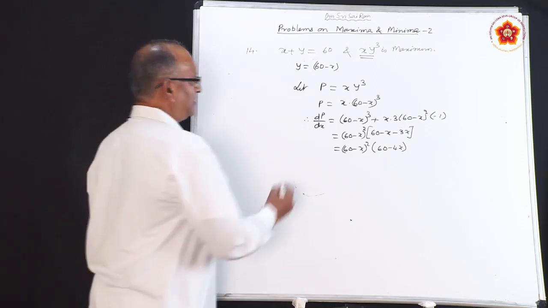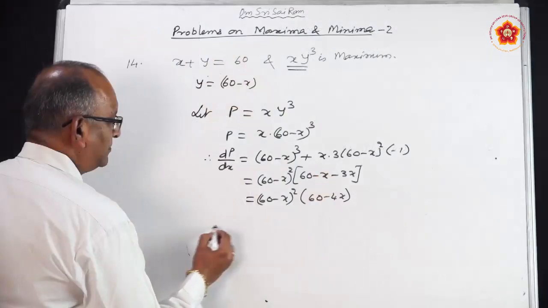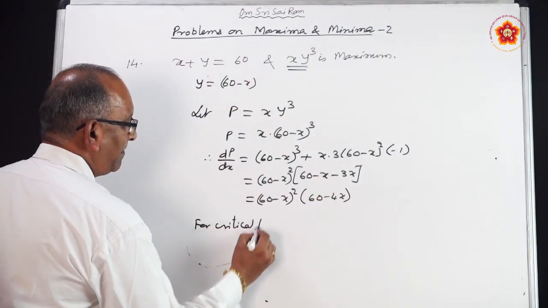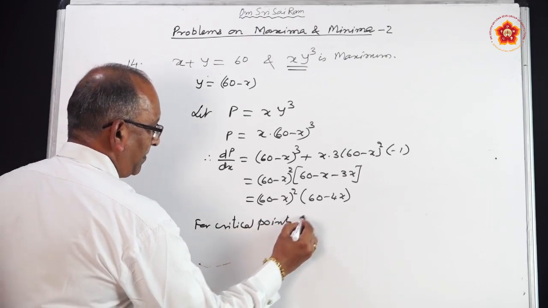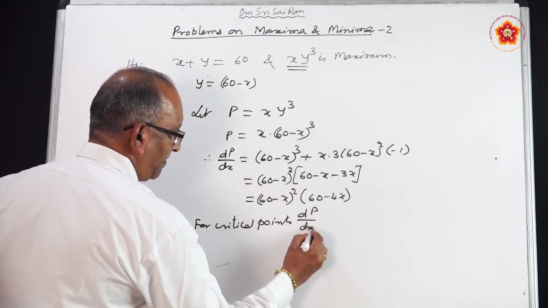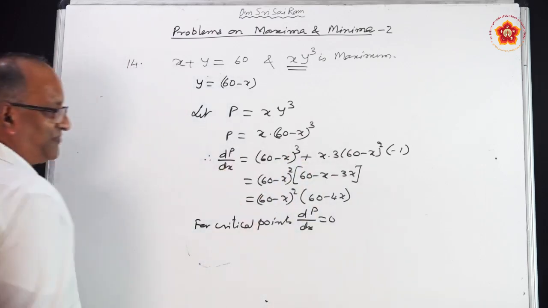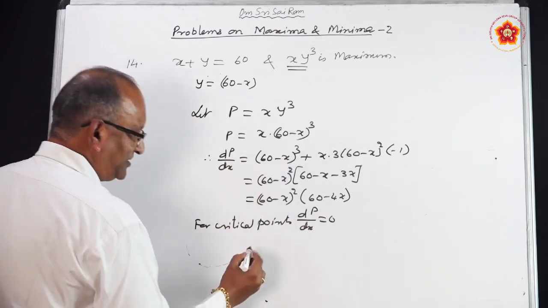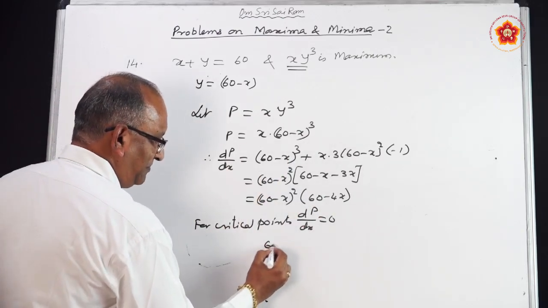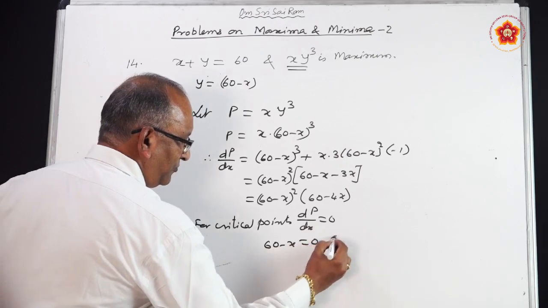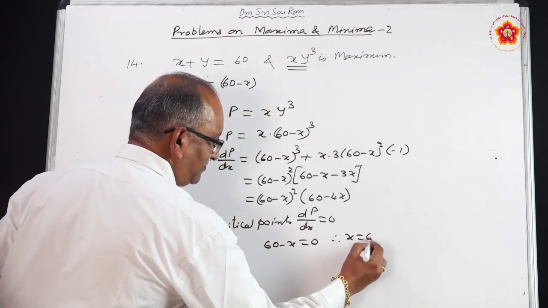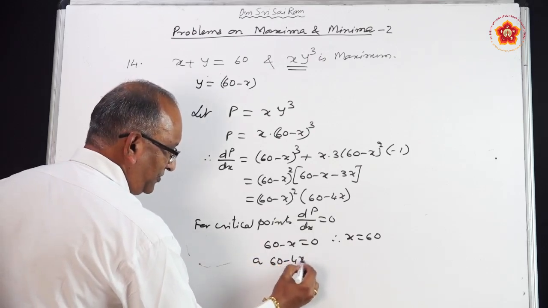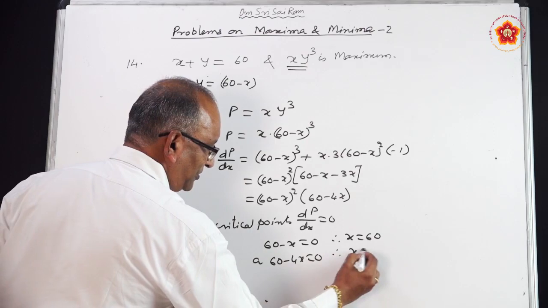So, when you equate this with 0, remember this is the value of dp by dx, you will get 60 minus x equal to 0, which will give you x equal to 60, or 60 minus 4x equal to 0, which will give you x equal to 15.